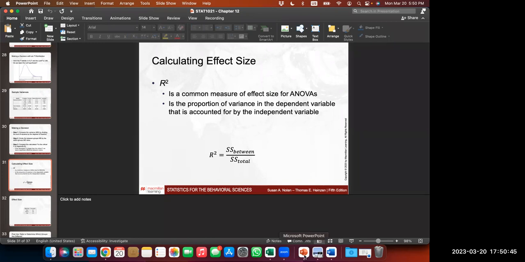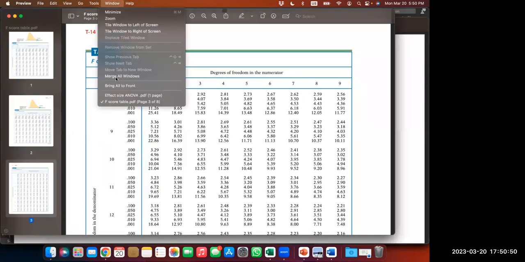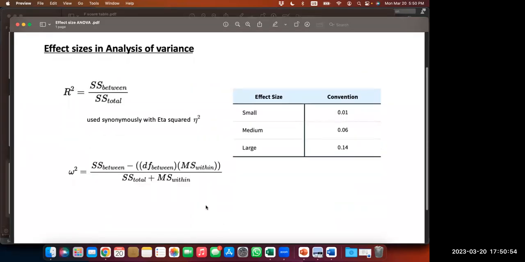Of the R squared, there's an addition to that, which is the so-called omega squared. First of all, these are the conventions for our effect sizes. With 0.73, we have a very large effect size.